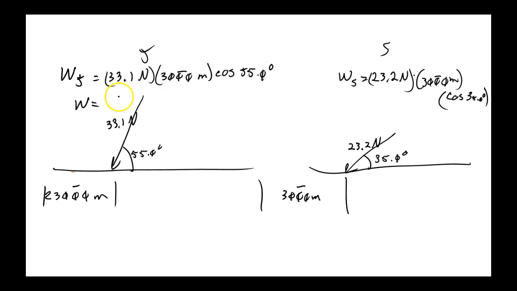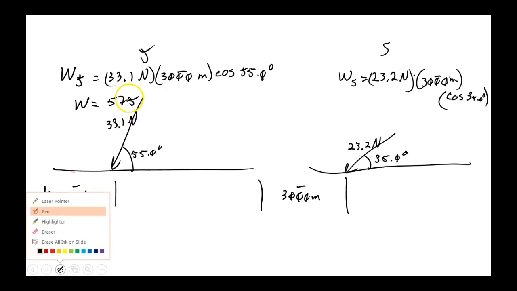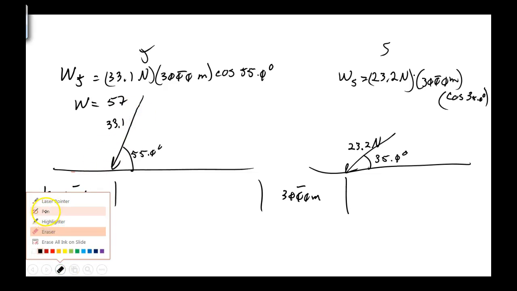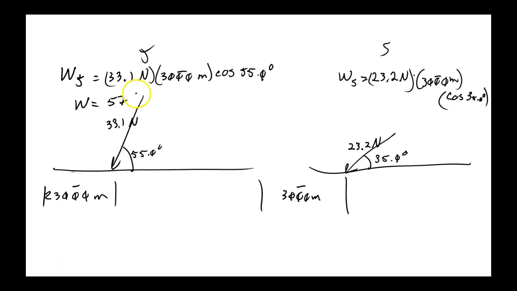Okay, say that again. One more time. 57,000. That was newtons. Okay, 57 with 3 zeros.